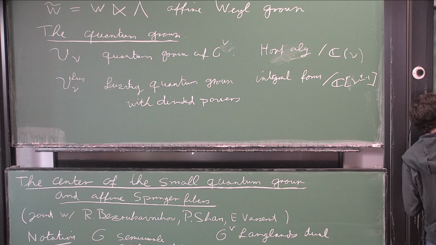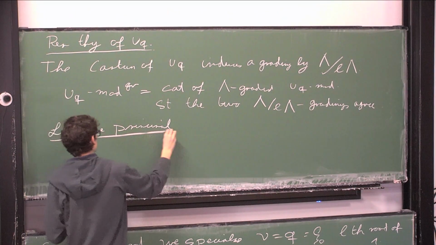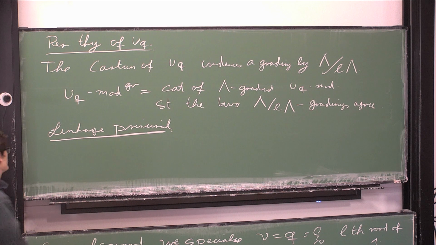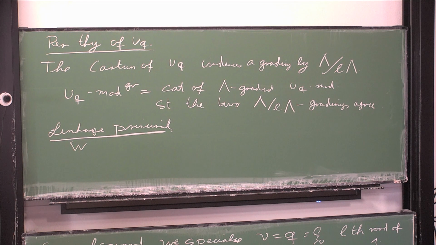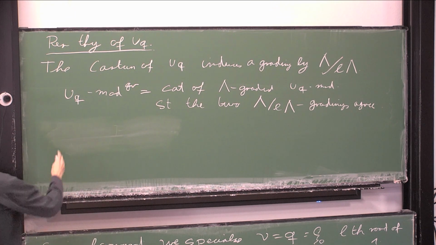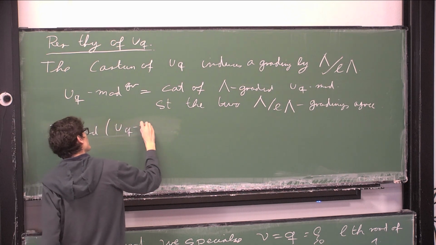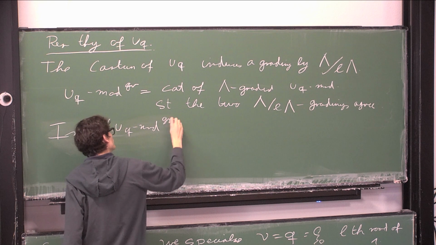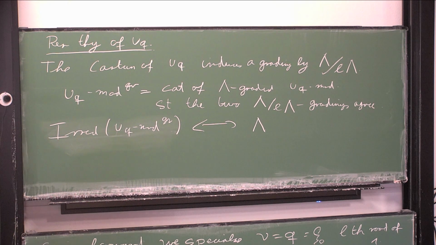Okay. And then how does this help us break this problem into blocks, into easier problems? Well, the linkage principle tells us that this category breaks up into blocks, namely the affine Weyl group. Or, well, one thing before I say this, let me say what are the irreducible objects in this category. Graded. So the irreducibles are in bijection with now all weights.